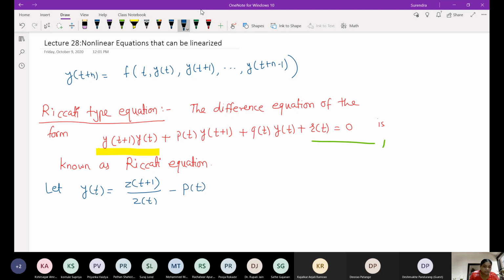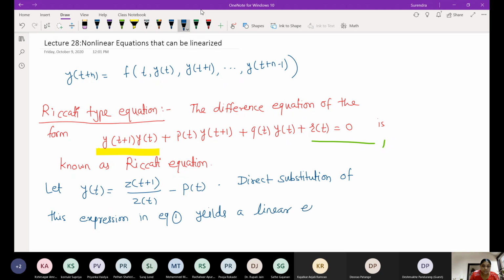If we use this substitution, then direct substitution of this expression in equation 1 gives a linear equation in terms of z.